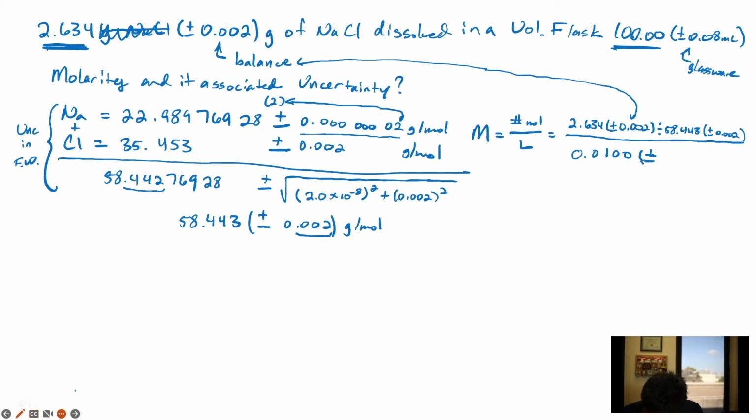Now that I've learned how to erase things faster, I'm just going to start erasing things instead of scratching them out. There we go. And that's plus or minus. That says 0.08 mils, but you need to change that to liters. And that in liters is going to be 0.00008 liters, okay?